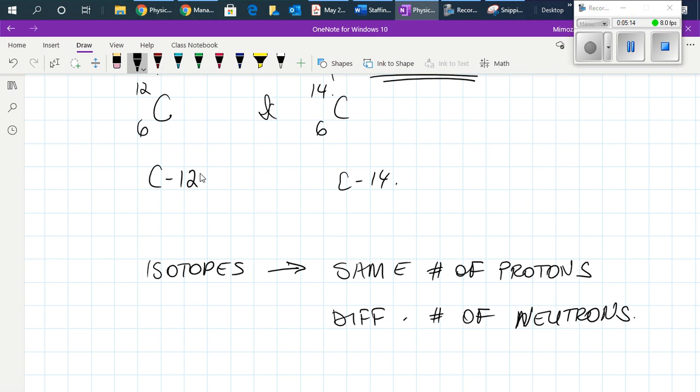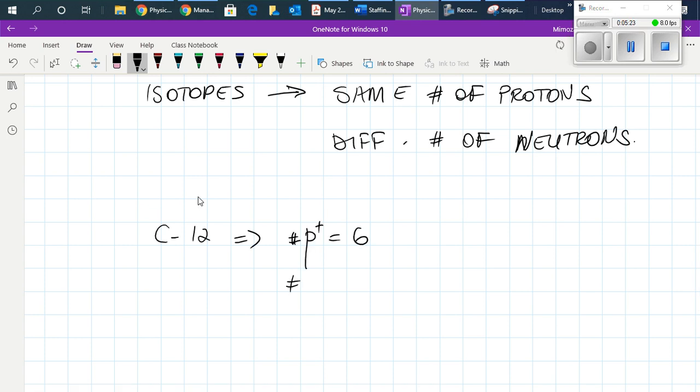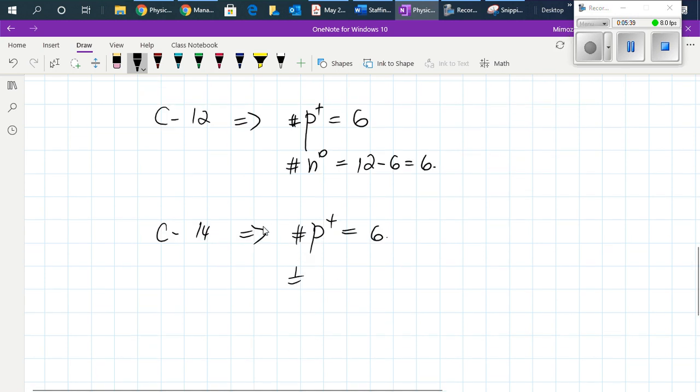In the case we discussed, carbon-12 has 6 protons, while the number of neutrons is 12 minus 6 equals 6. But for carbon-14, the number of protons is 6 because we are talking about carbon, and the number of neutrons is 14 minus 6, which equals 8.